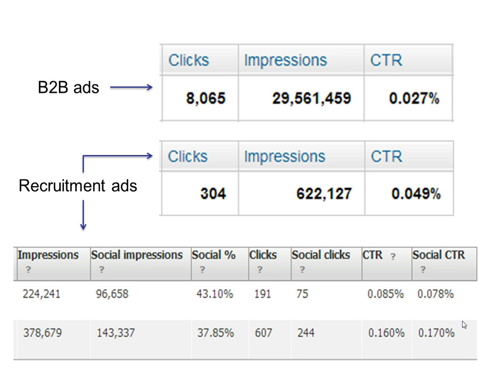The bottom set of results are from Facebook recruitment ads. CTRs are double again. A social click, as you can see here, again quite a good CTR, is where an advert included some social context such as information about a friend who connected with your page, event or app or something like that. But as you can see, the social CTR isn't that much higher, and in fact lower in that case, than the non-social CTR.